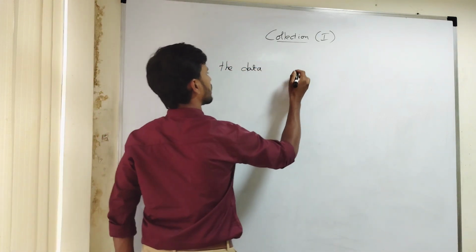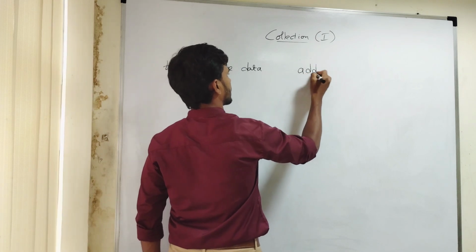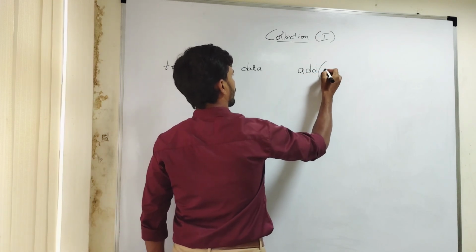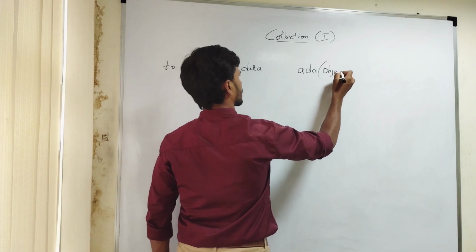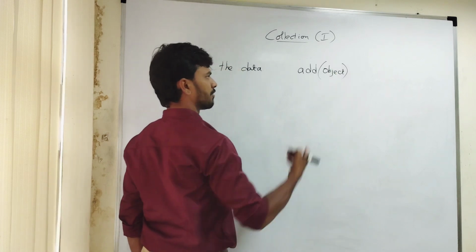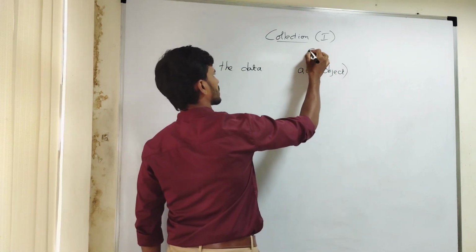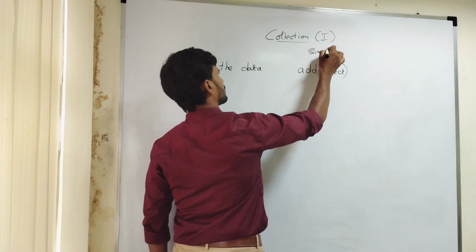To store the data, we have the add method inside the collection interface. We have to pass the object, which can be any kind of object, but it is for a single object.